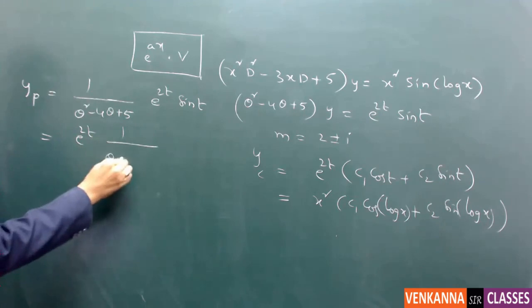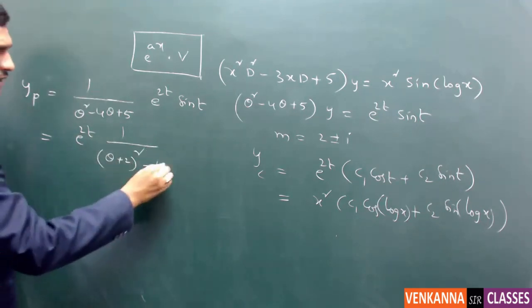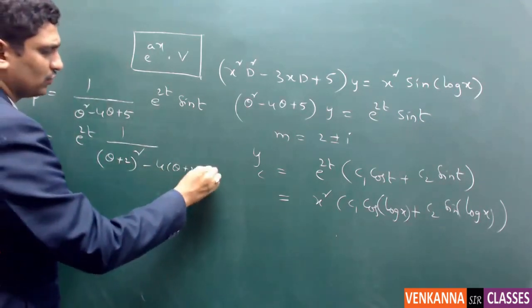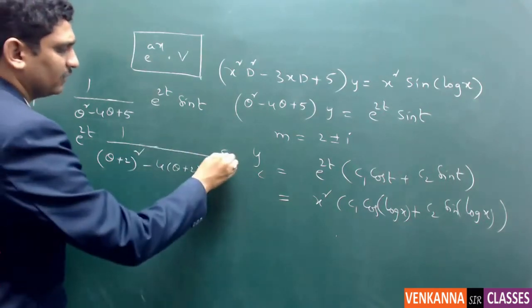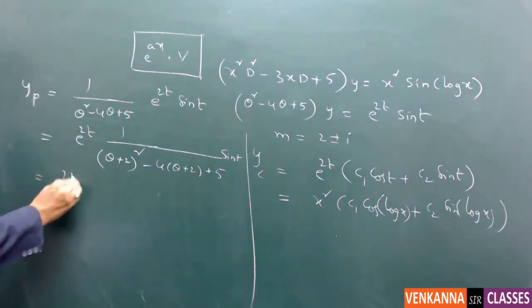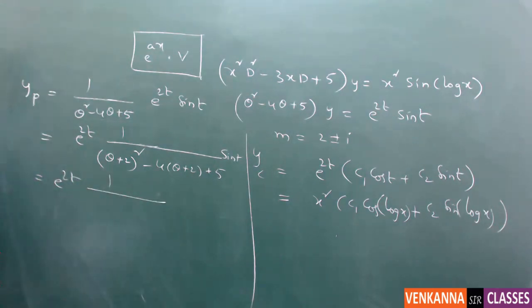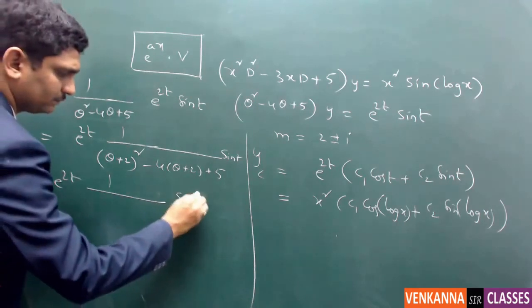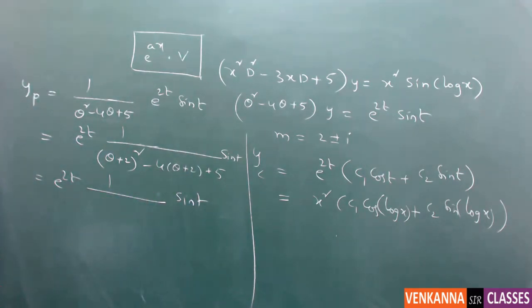Theta should be replaced with theta plus 2 whole square minus 4 into theta plus 2 plus 5 of sin t. So can you simplify this for me? The value? Theta square plus 1 or theta square? Yeah.